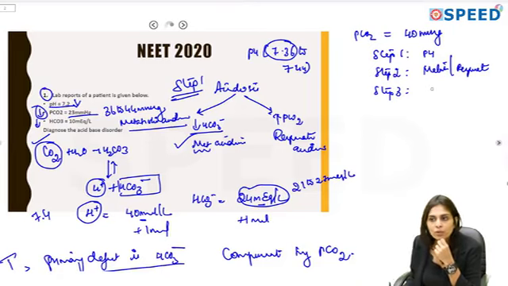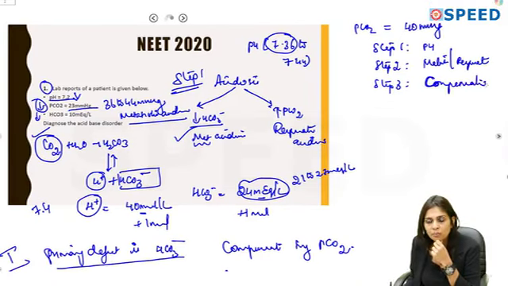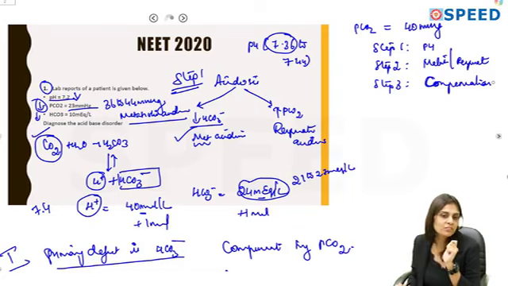Why do you look for compensation? Not just to find out whether it's compensated or not, but because only when you look for compensation will you identify hidden acid-base disorders. That is why you need to know all these formulae.